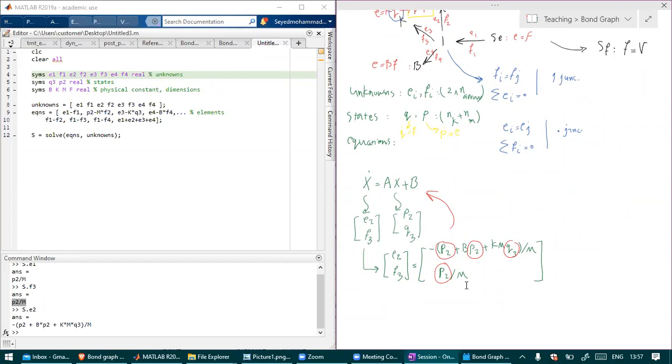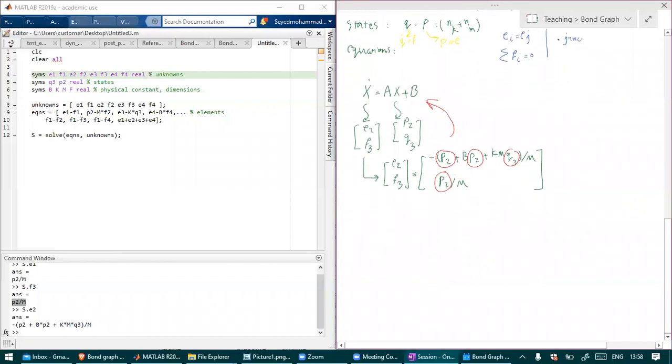As a result, you may end up with systems of higher orders. As you can see here, to get the Q, which is the only generalized coordinate of the system, we still need to solve for P as well, the momentum. So it doesn't necessarily result in the minimal dimensional state space.